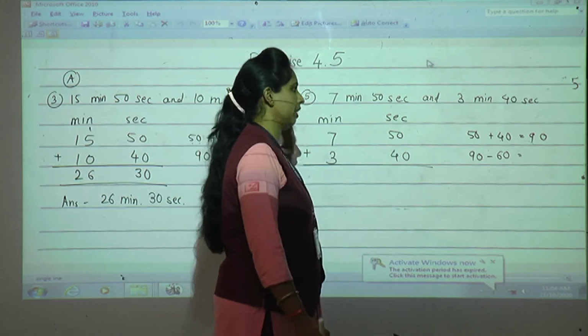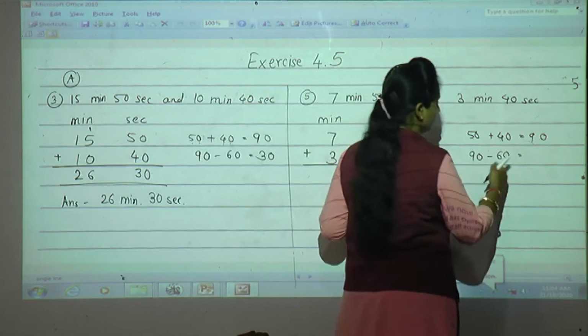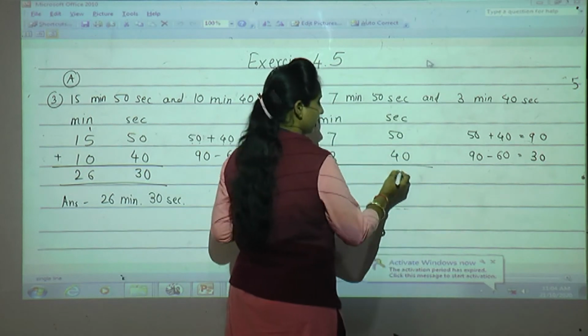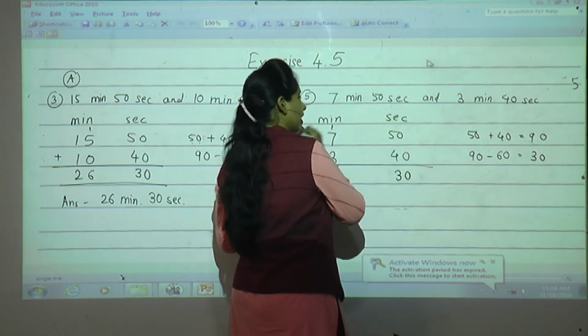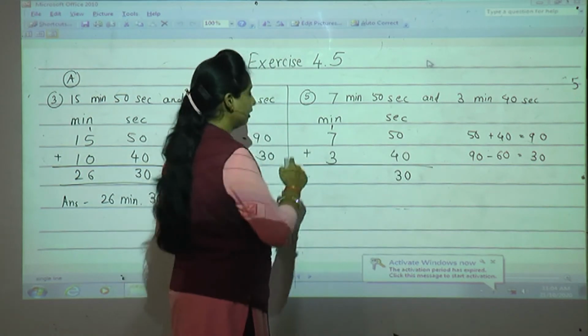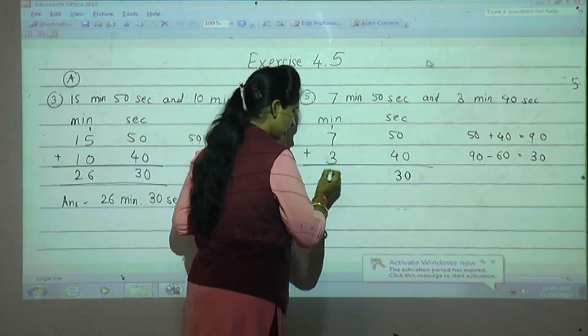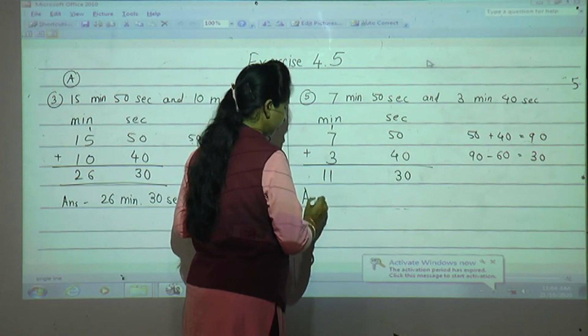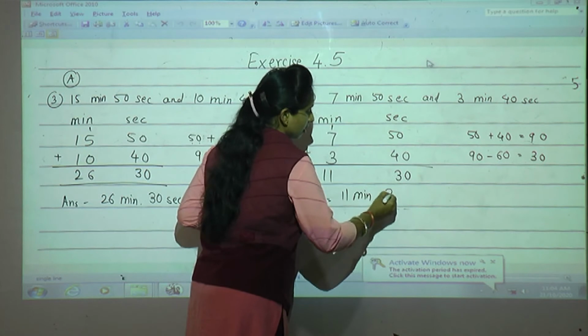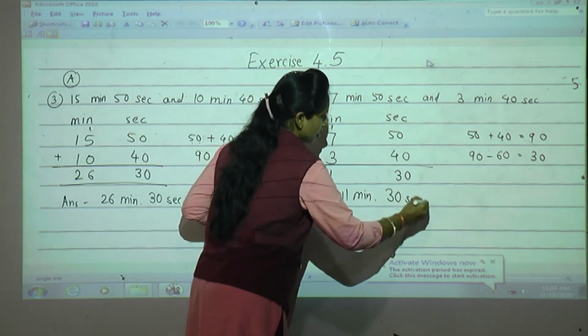So 90 minus 60 is 30 seconds. Here we write 30 and carry 1. 1 plus 7 is 8, 8 plus 3 is 11. So what is the answer here? 11 minutes 30 seconds.